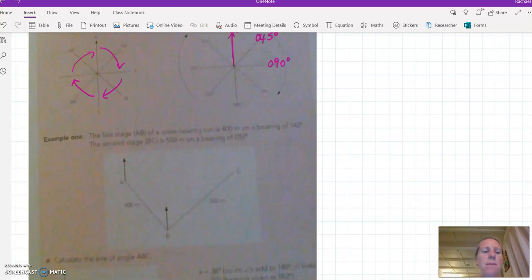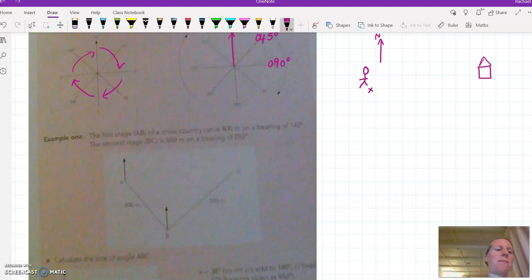So for example, if I'm standing here and here's my map pointing north, and I want to visit a little house that is over here, my bearing that I'm going to take from where I'm standing, okay, so here's the point here where I'm standing, I'd draw a line that goes up for north, and then I would draw a line from where I'm standing to the house, and then I measure this angle there.